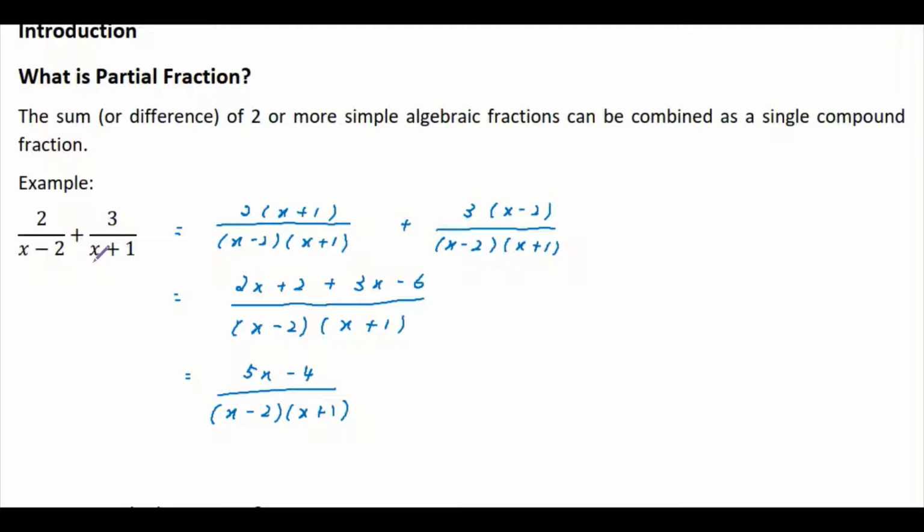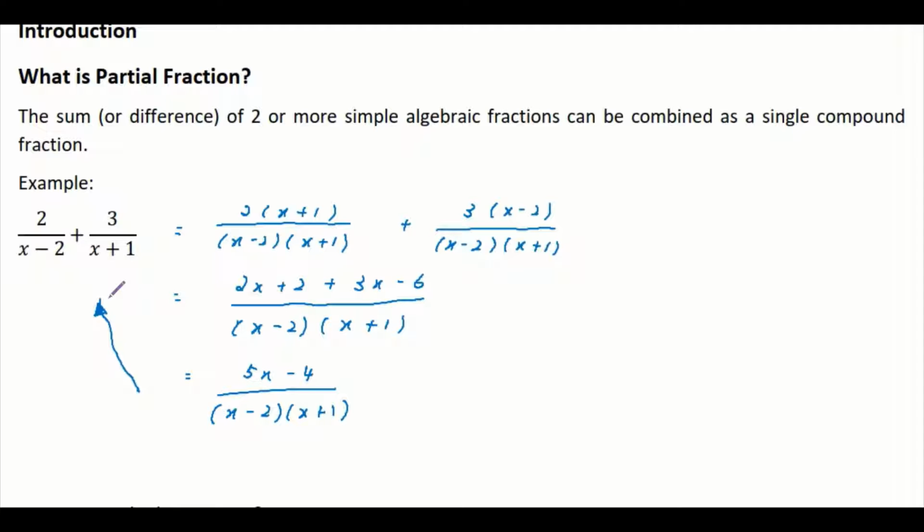But my question here is, how can we do the reverse? Meaning that instead of adding simple fractions to get a compound fraction, can we express this compound fraction as simple fractions?